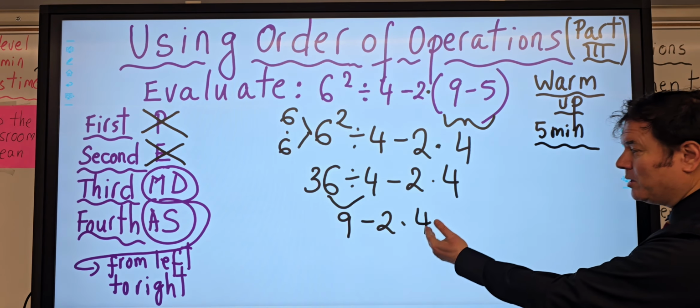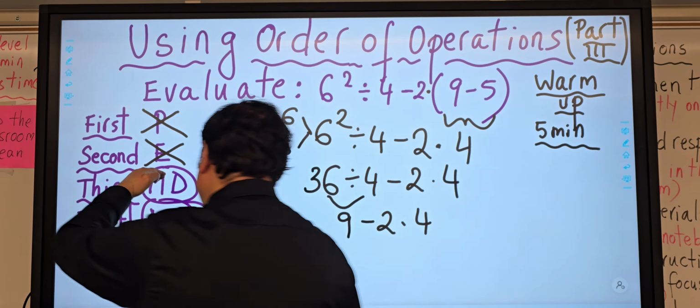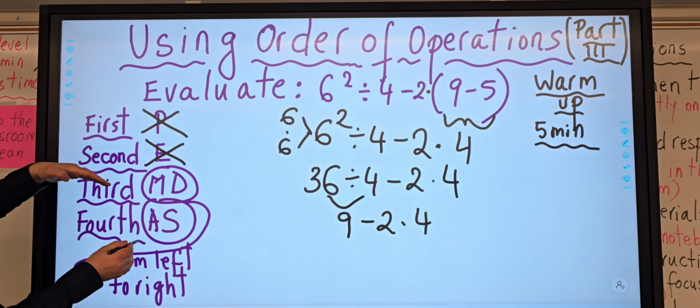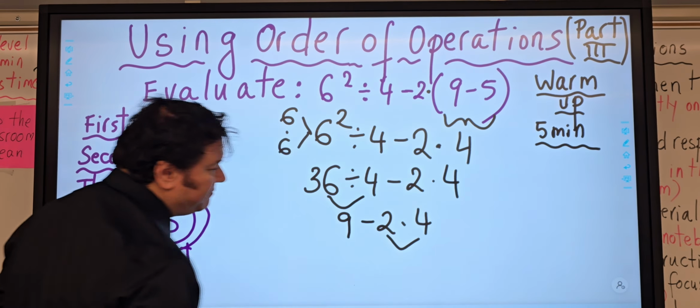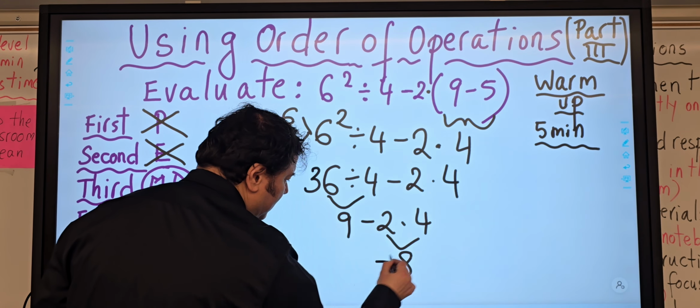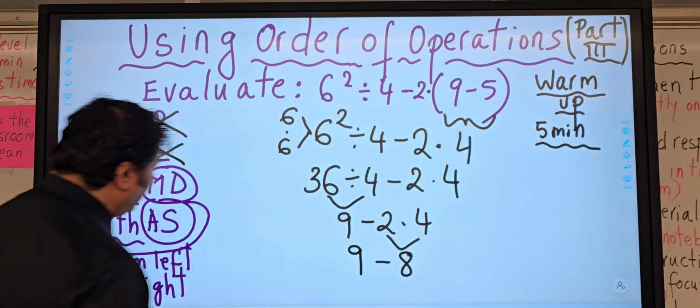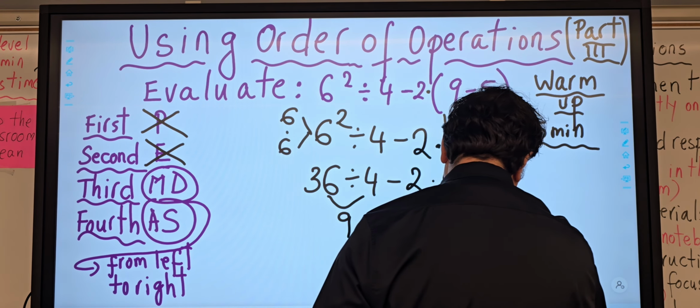And now we have multiplication and subtraction. We know that multiplication and division come before addition and subtraction, so we have to do that first. So let's multiply: 2 times 4 becomes 8. And then we have 9 minus 8, which equals 1.